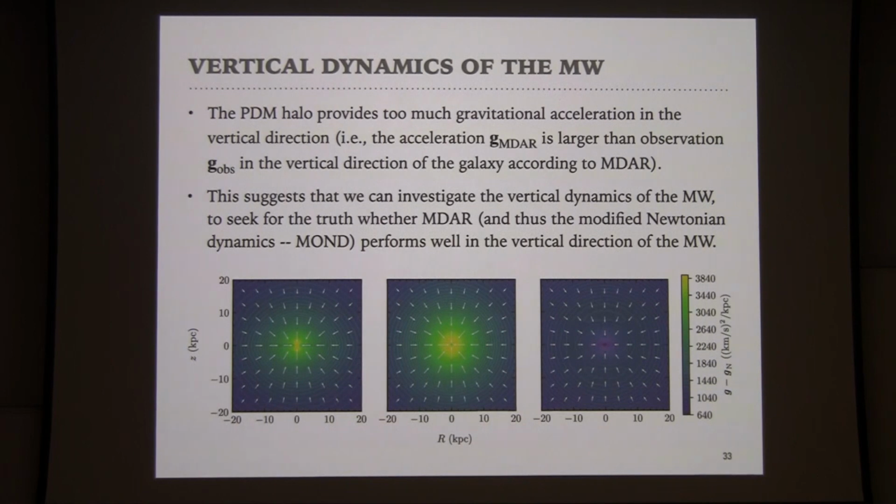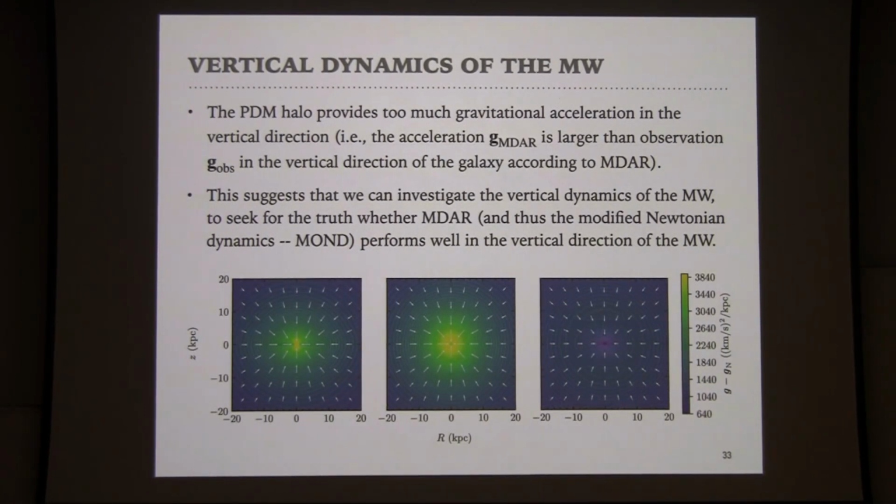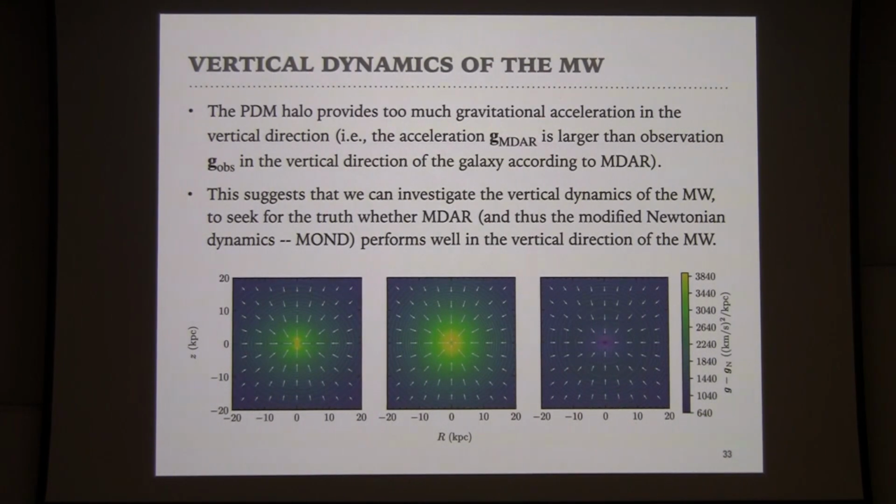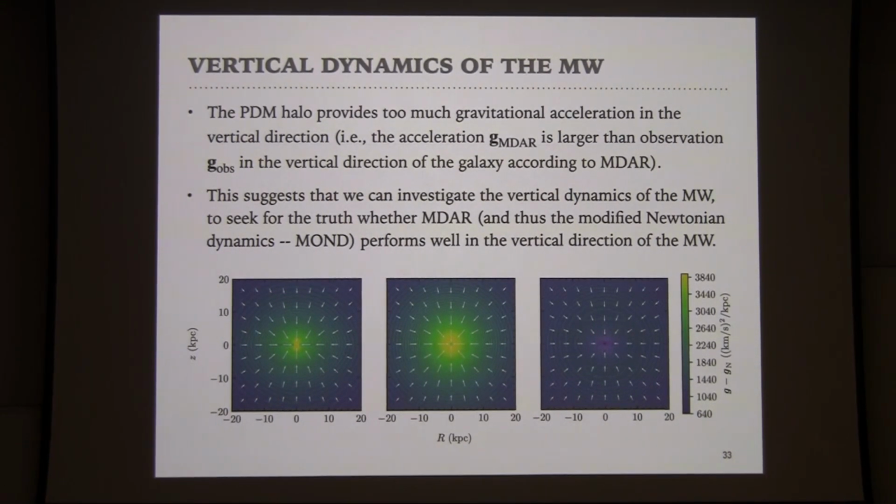Now we can say the phantom dark matter halo seems to provide too much gravitational acceleration in the vertical direction. This result leads us to probe deeper into the dynamics. It set the stage for us to question whether the MDAR, and therefore the modified dynamics, can represent the real gravitational potential in the real Milky Way.